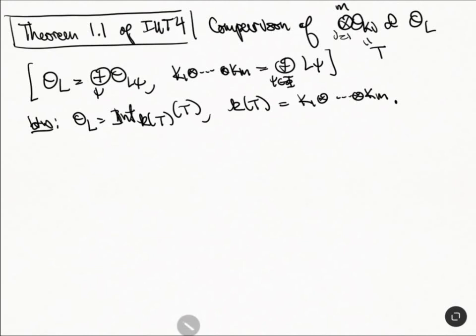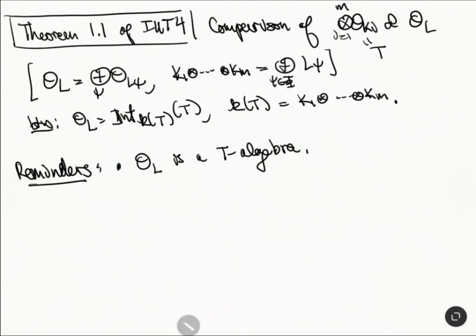Okay, so before we get started in this proof, we need to give ourselves some reminders. The first reminder is about the algebra structure. O_L is a T-algebra, where T is this tensor packet here. Let me explain how this works.